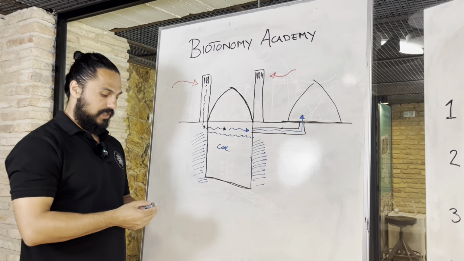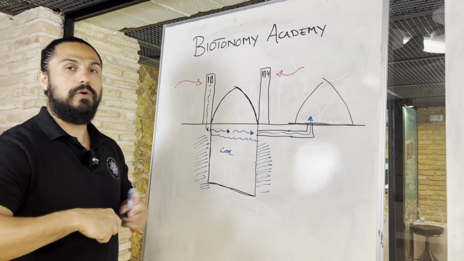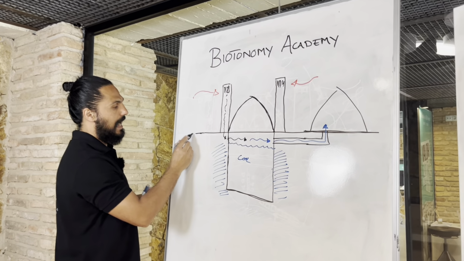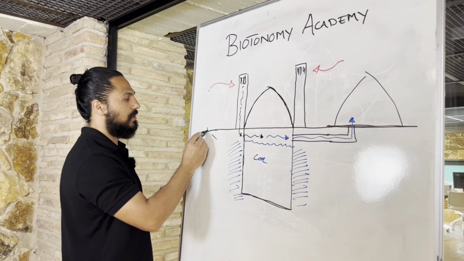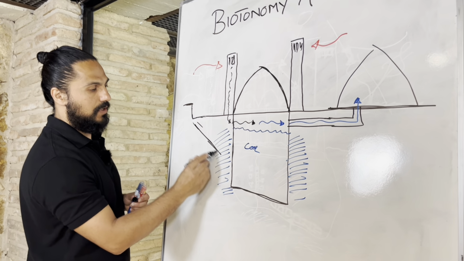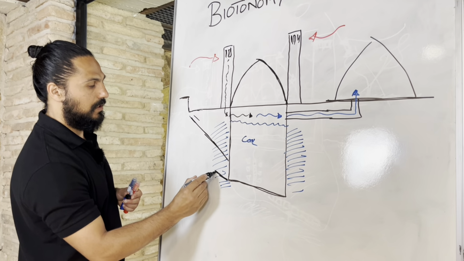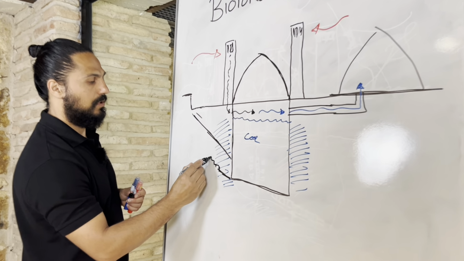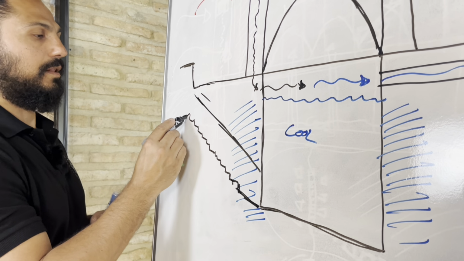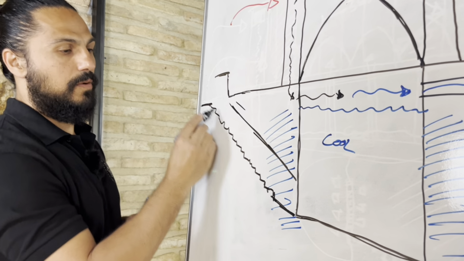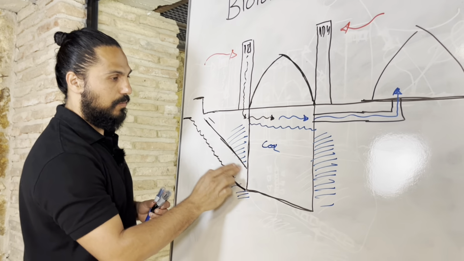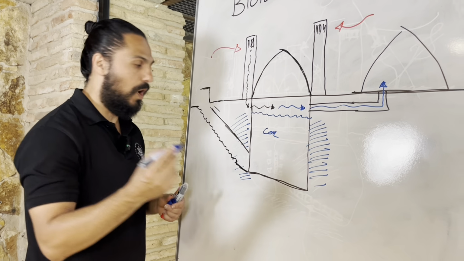And then, obviously, because back in the days there were no pumps, they would also create an underground axis, where they had a structure and a staircase where people would be able to go down and access this water.